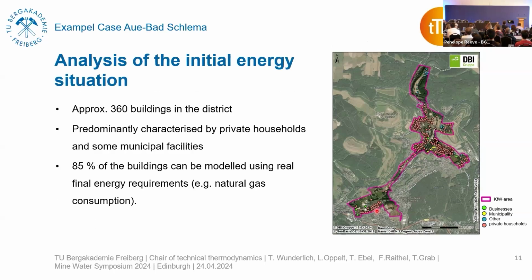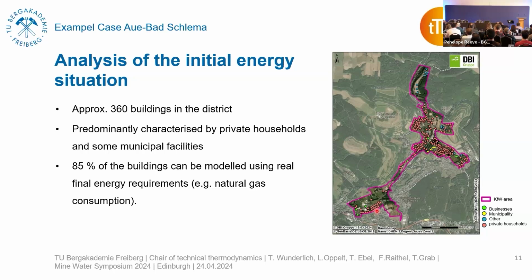And we don't analyze only the health resort. We also analyzed 360 buildings in this district with a project partner, the DBI, by predominant characteristic, but more or less most houses are private houses.